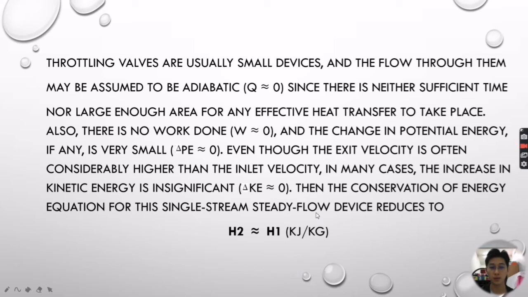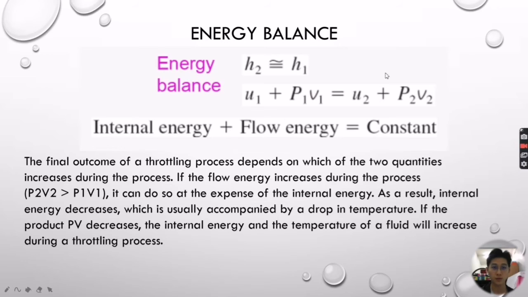So we can assume the enthalpy doesn't change throughout the process. We can better understand through the energy balance that the internal energy plus the flow energy is constant: U1 plus P1V1 equals U2 plus P2V2.